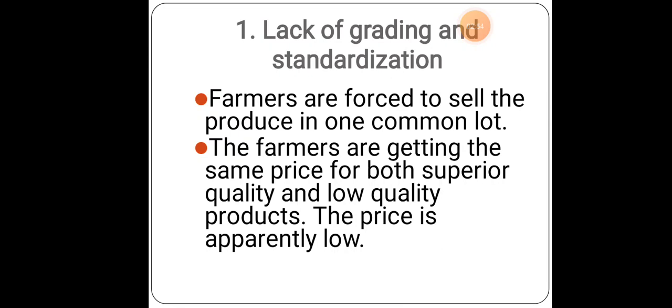The farmers will not get the same price for both the superior and the low quality. Under paddy or rice, how can we segregate? We can segregate basmati rice from normal rice. There is a kind of standardization for basmati rice and another for normal rice. That is the difference.